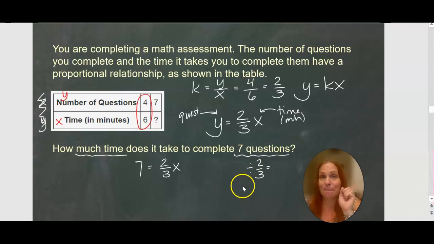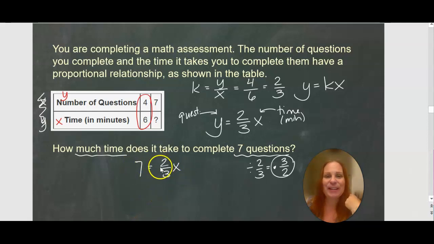We multiply by the reciprocal. Right. Keep, change, flip. I can hear some of you saying it right now. So I'm going to multiply by 3/2 on the right, and I'm going to multiply by 3/2 here as well.